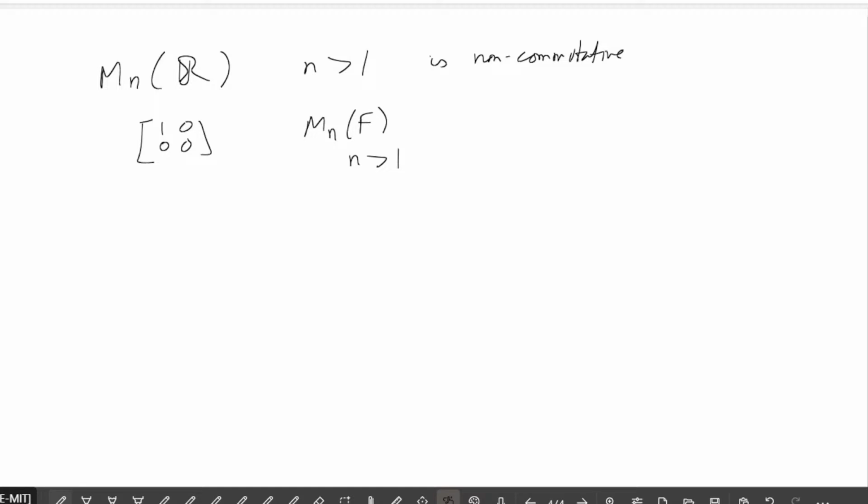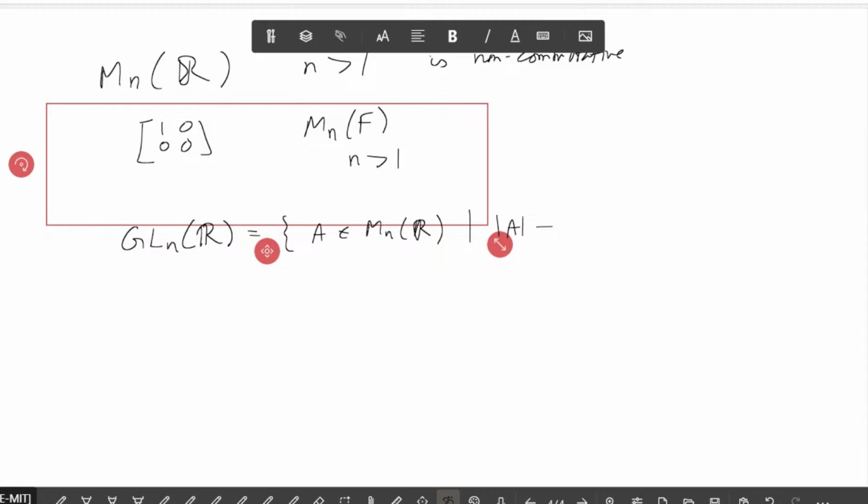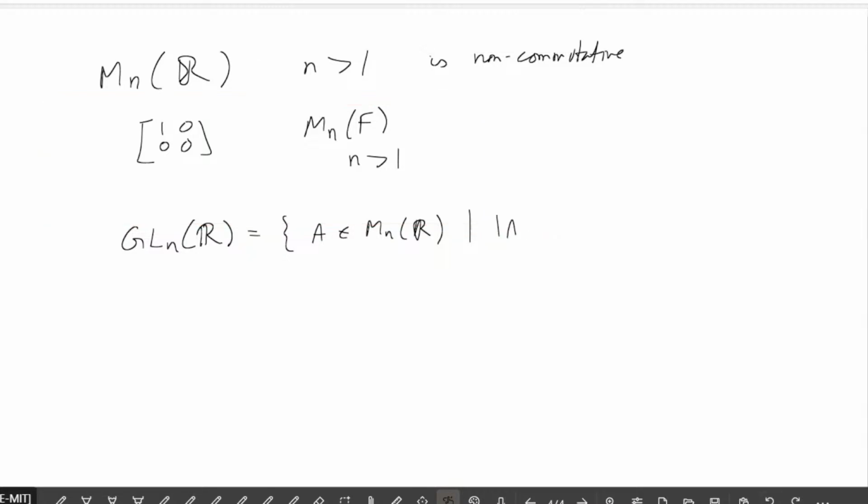Suppose you take all invertible matrices, I'll call it GLn of R. Is this a division ring?